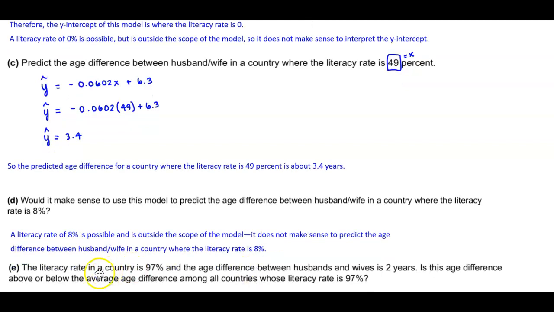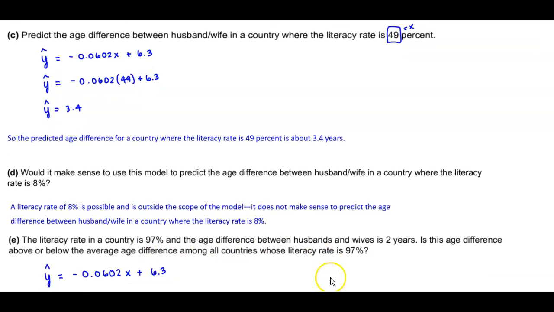In part E, it says the literacy rate in a country is 97%, and the age difference between husbands and wives is 2 years. Is this age difference above or below the average age difference among all countries whose literacy rate is 97%?